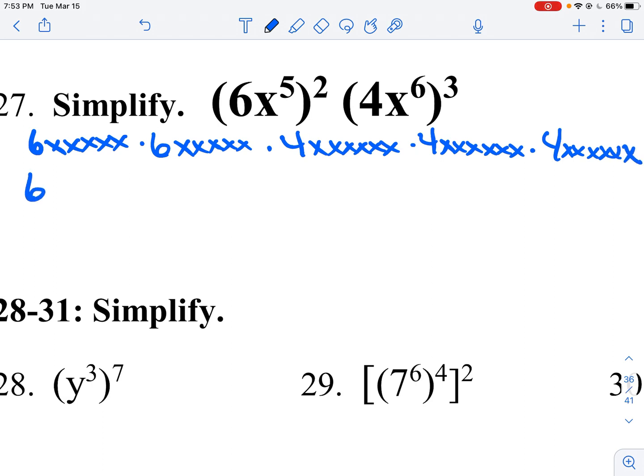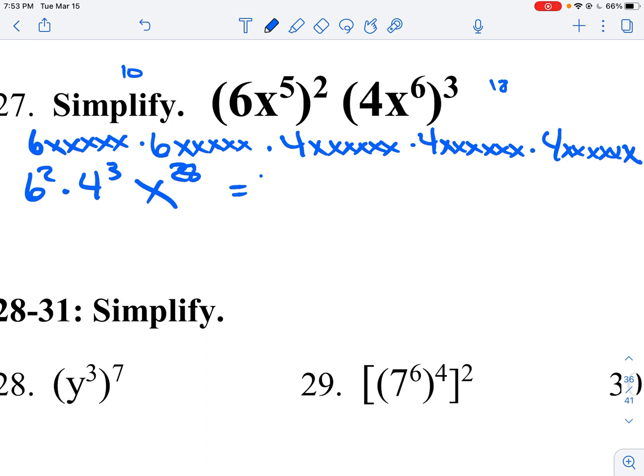So I have 6 squared, 4 to the 3rd, x's. I have 5, 10. And then I have 10 here. And then I have 6, 12, and 18. So that's 28 of those.